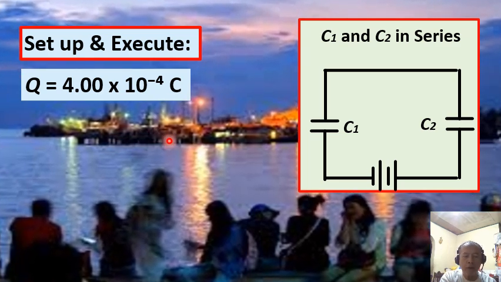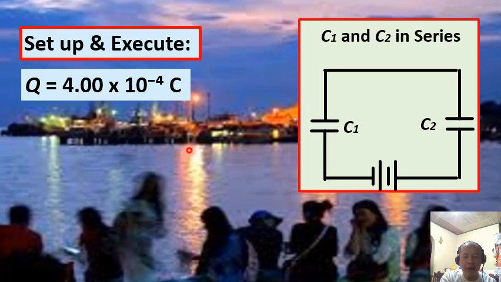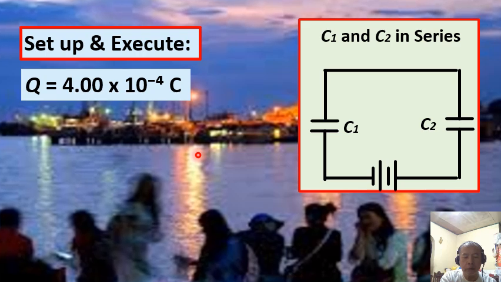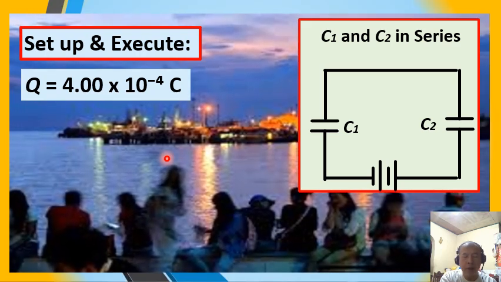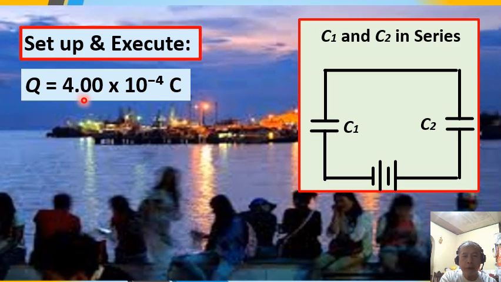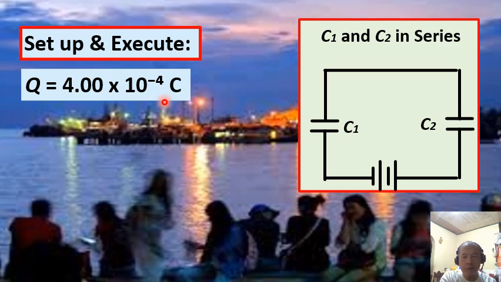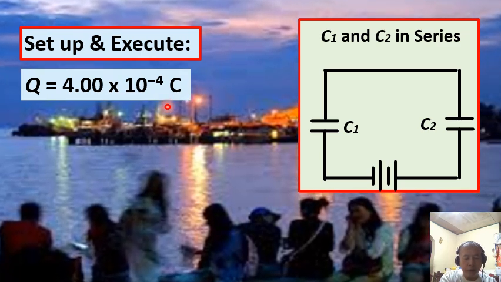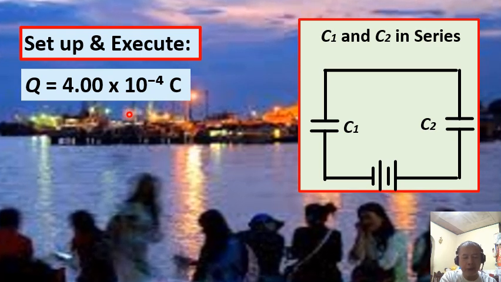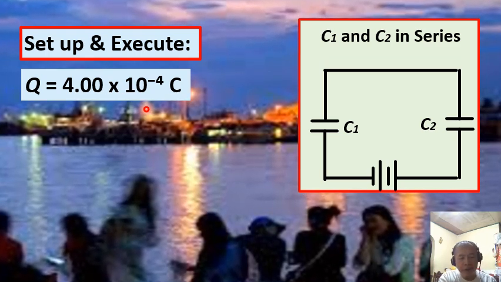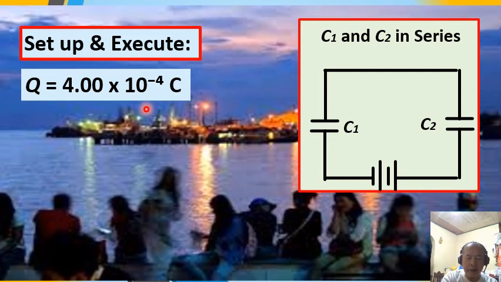Moving on to question letter B, if the total voltage is unknown, but the total charge big Q stored is equal to 4.00 raised to the negative 4 coulombs, we also wish to find the total electric potential energy stored for both capacitors connected in series and when they're connected in parallel.